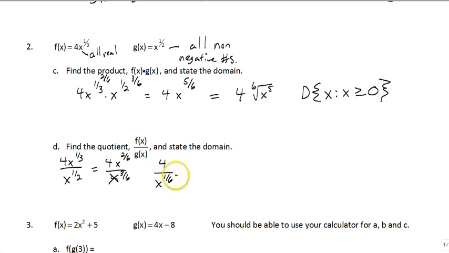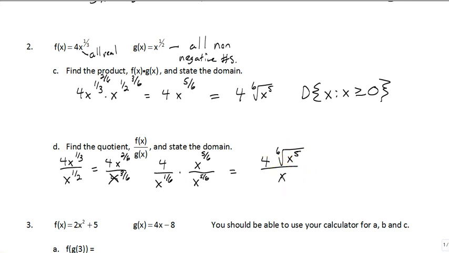Now, to rationalize the denominator, we would need 5 more of them. I'm doing this in fraction form. I know on the other notes I did it in radical form, but think about it. I have 1 over 6. I need 5 more to fix this. So my final solution is 4 times the 6th root of x to the 5th over x.